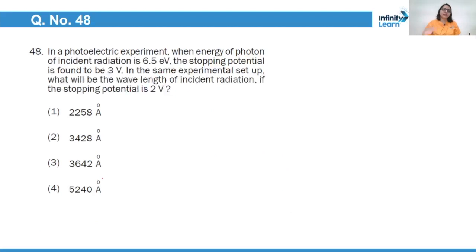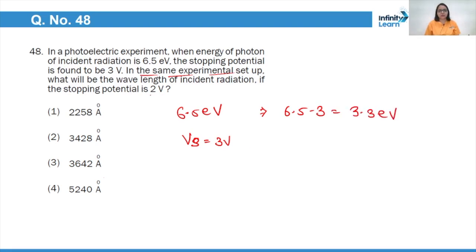Fine. Next is question number 48. In a photoelectric experiment, when energy of photon incident radiation is 6.5 electron volt, stopping potential is found as 3 volt. In the same experiment setup, what will be the wavelength of the incident radiation if the stopping potential is 2 volt? So over here, work function will be 6.5 minus 3, that is 3.5 electron volt.